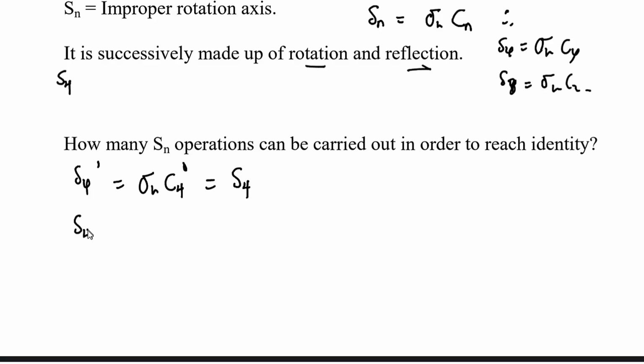When we carry out this the second time, it's going to give sigma h squared and C4 squared, right? When you carry out reflection 2 times, let's say you reflected a particular point. I'm trying to see how I can explain this. So you reflected a tree.